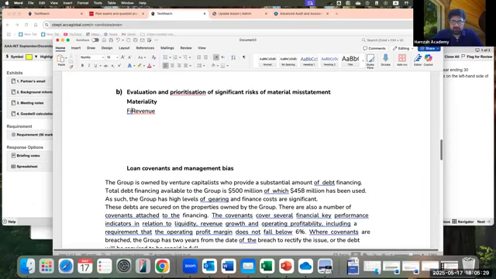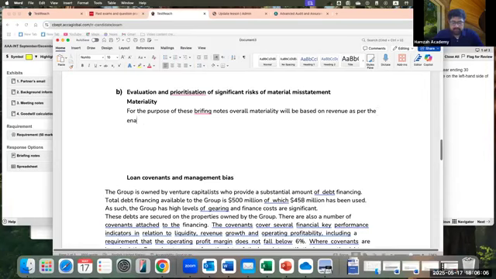For the purpose of these briefing notes, overall materiality will be based on revenue as per the engagement partner's instructions.